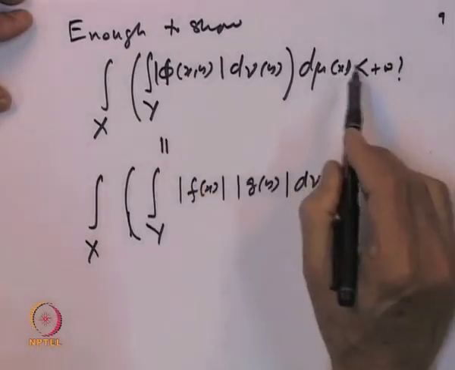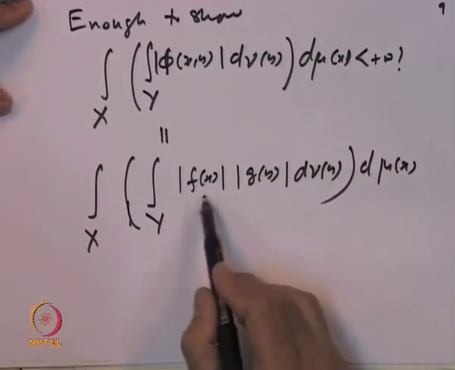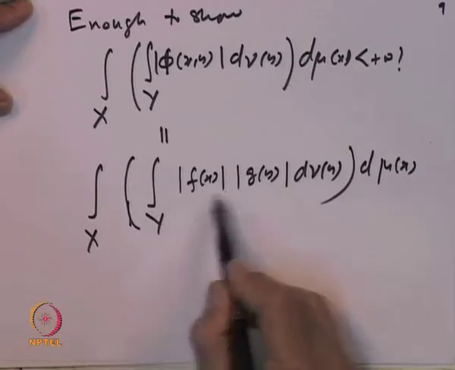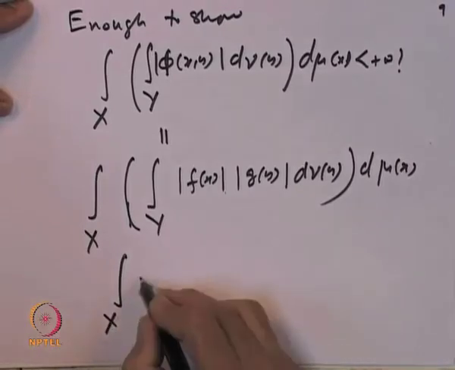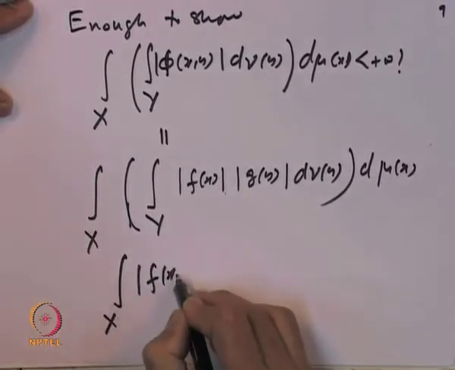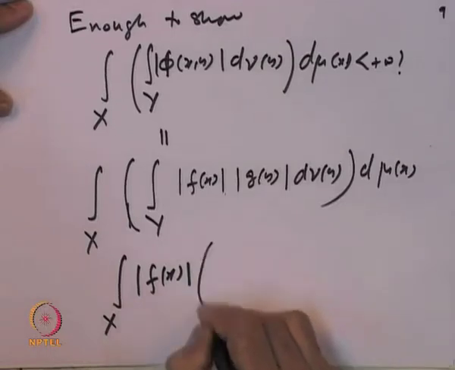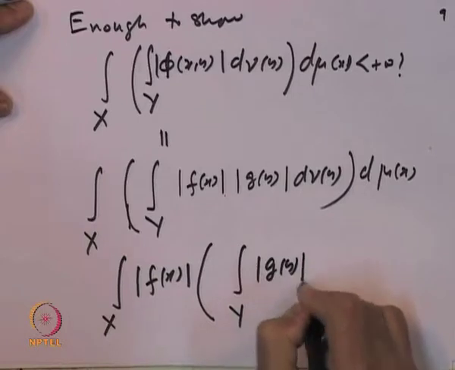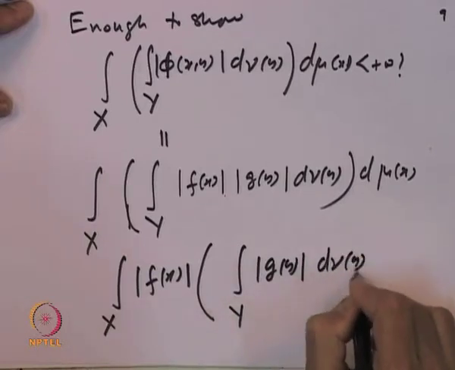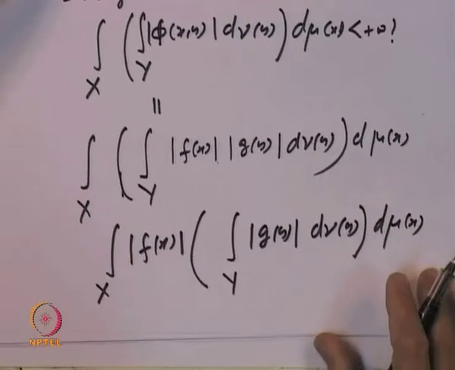So, this which we want to show is finite is equal to this. Now, x is fixed, so this is independent. So, it is integral over x mod of f x, okay, and inside is integral over y of mod of g y d nu y, d mu of x.